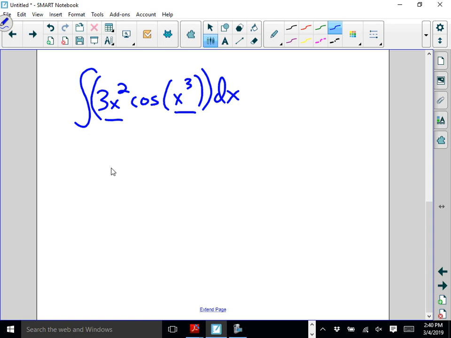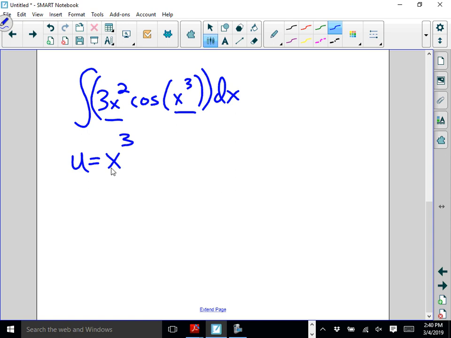We want the function to be u, and we want its derivative to come up somewhere else. It's kind of confusing to explain, but after you see it solved a bunch of times, hopefully it'll make more sense. So I want to let u equal x cubed. Let u equal the function.